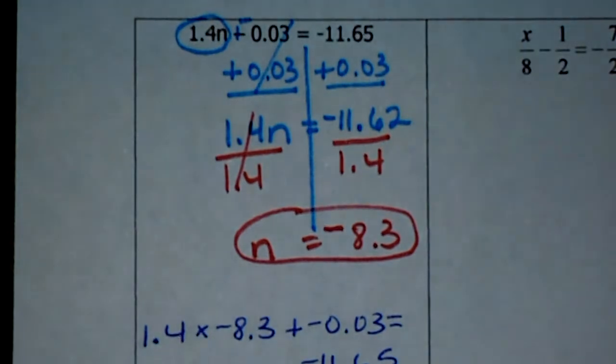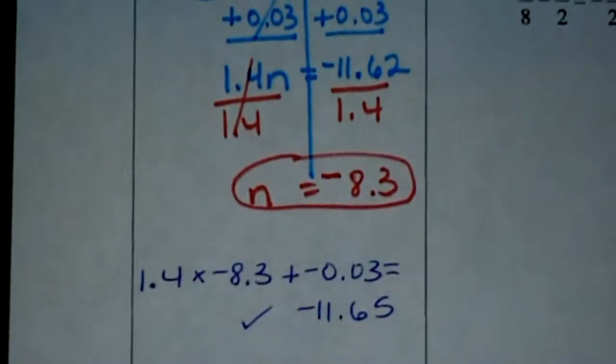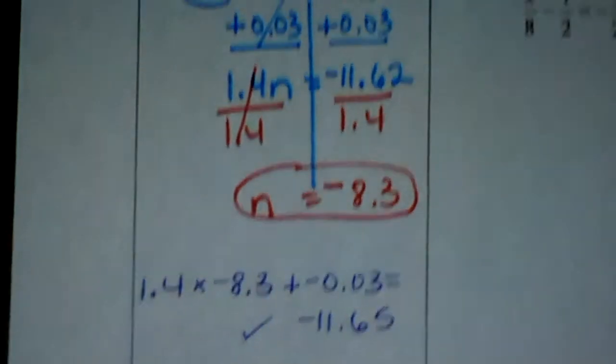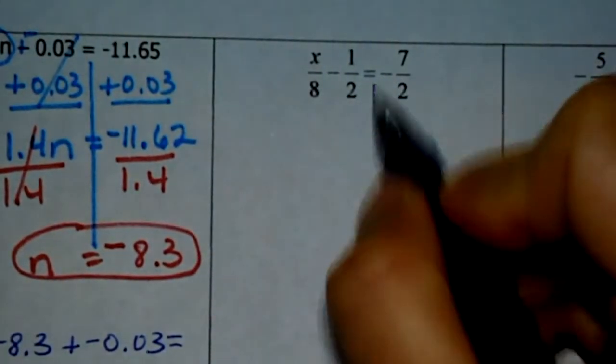So I grab my calculator, type in 1.4 times -8.3, add -3/100 to that, and lo and behold, you do get -11.65. So we know that it's right. It just takes a second, and you can check every single one and know that you're right. It's a beautiful thing. All right, this next one, we have a fraction in it.